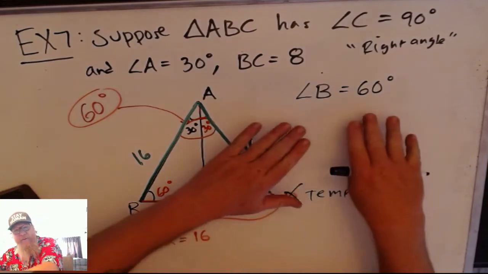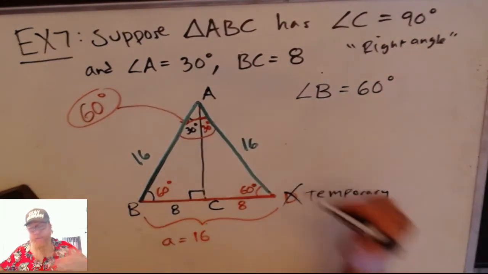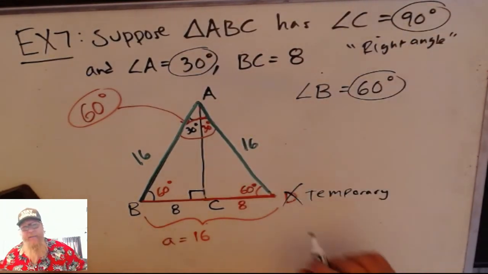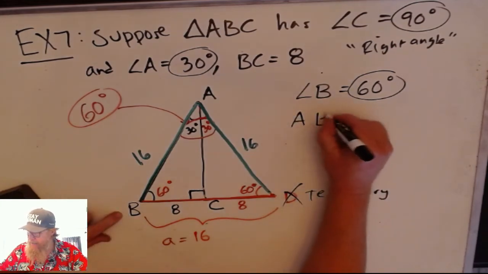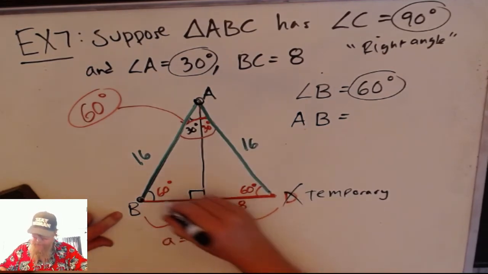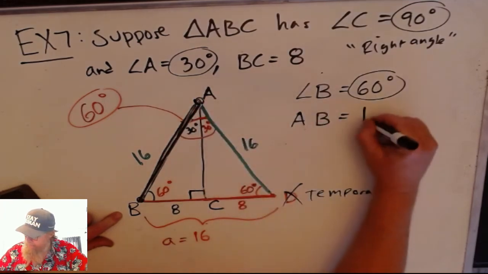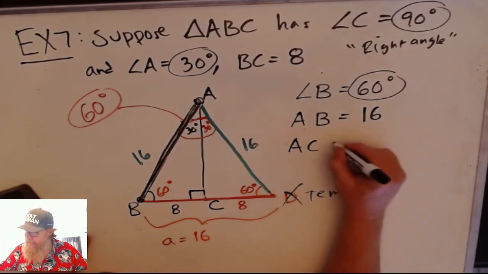If I already gave you one of them was 60, well, then the other one would be 30, because remember, the total here has to be 180. I will also be asking for AB, the hypotenuse. So AB will be 16. And then the more complicated one is AC.